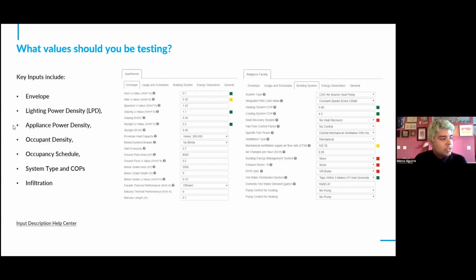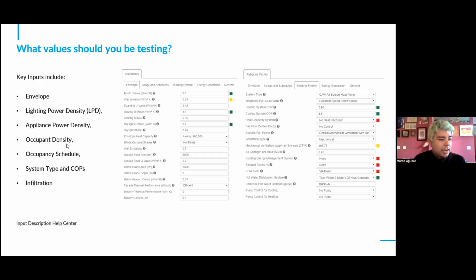The top inputs you should always look at and keep in mind as you are designing a building and trying to get that EUI lower are the envelope properties. That's your roof and wall R values, your glazing U values and SHGC values, the appliance power density and lighting power density, which is the watts per square foot required from each one of those systems.